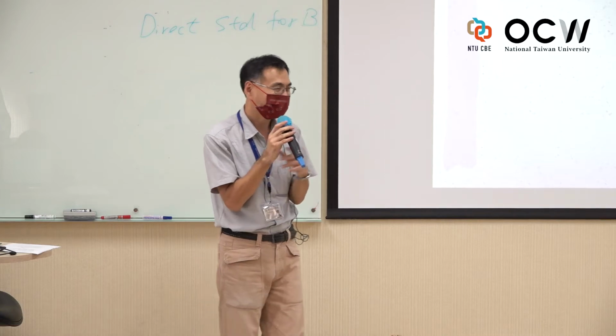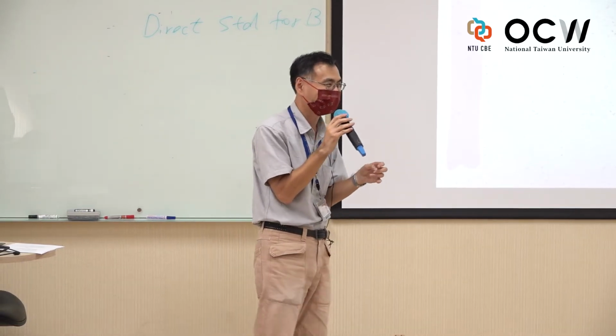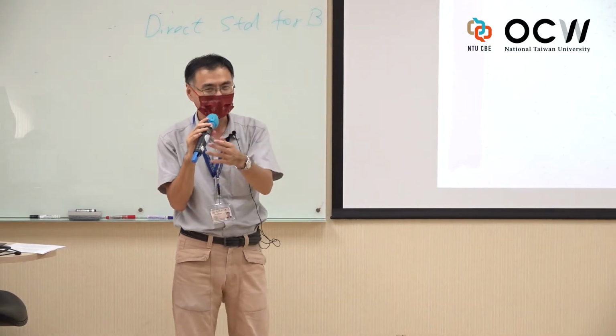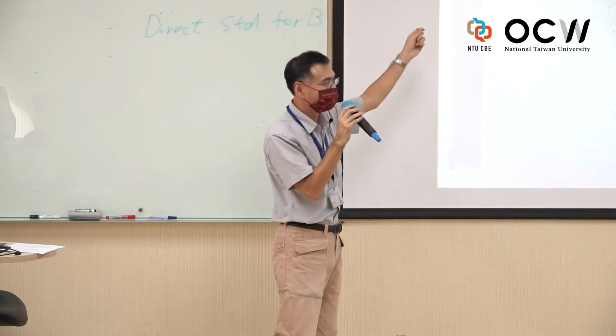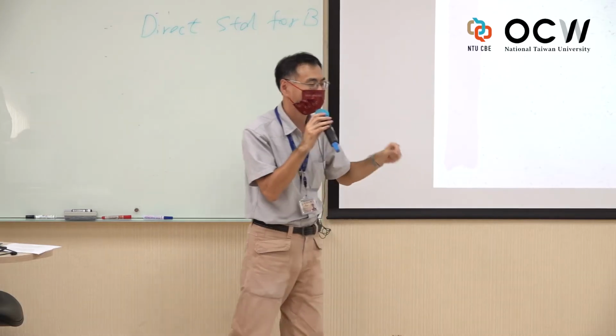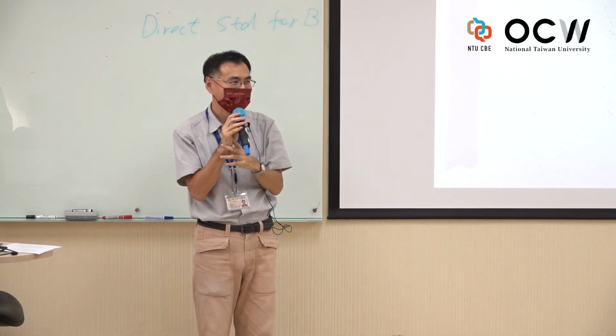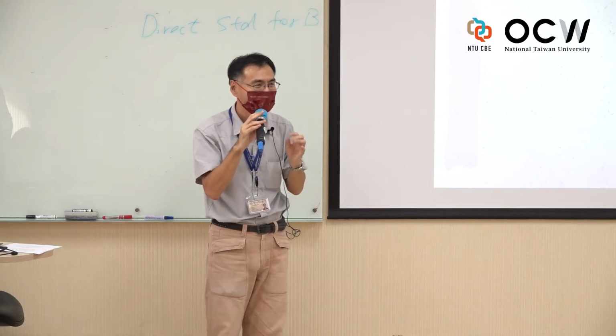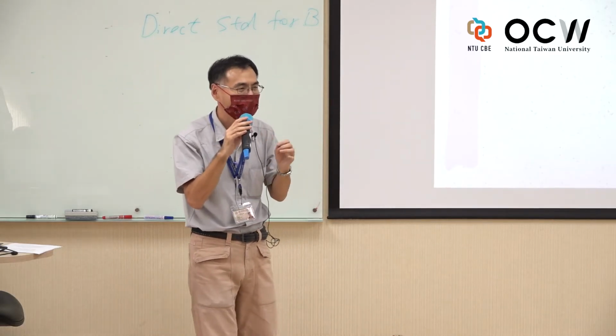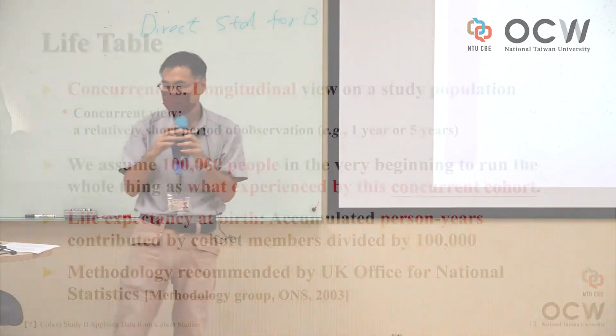And no one can survive that long, you cannot wait to see all the people die, right? So we have no choice but to use the concurrent view to look at the age-specific mortality rate, to try to generate a single indicator to show the general health status in a population.